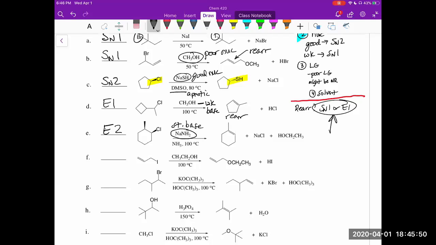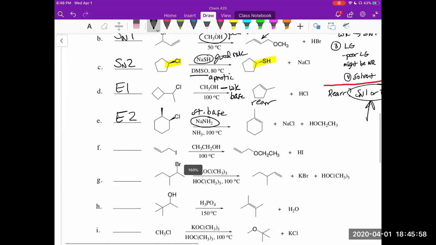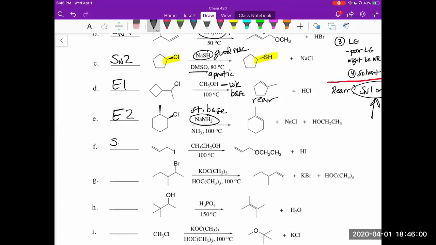Okay. Next one, substitution or elimination? Substitution. Substitution, so it's an SN1 or 2? One. Yep, poor nucleophile.